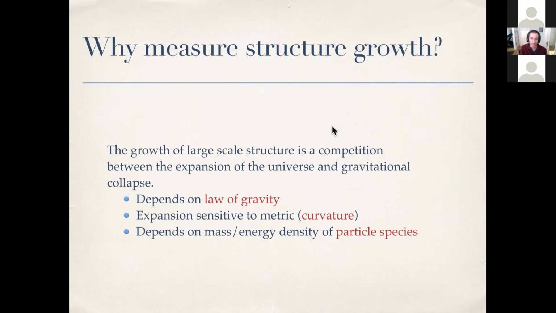The growth of structure over that time period is a competition between the expansion of the universe and gravitational collapse. So this competition, and the growth of large-scale structure, depends on the law of gravity. It depends on the metric of our universe, so whether the universe is curved or not. And it also depends on how much mass and energy density there are in relativistic and non-relativistic particle species.